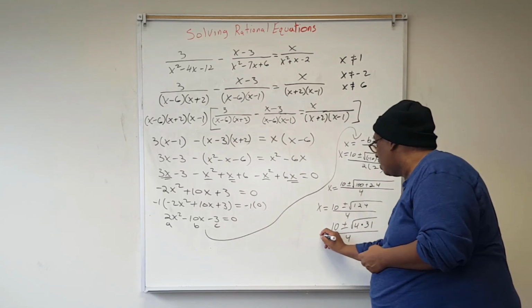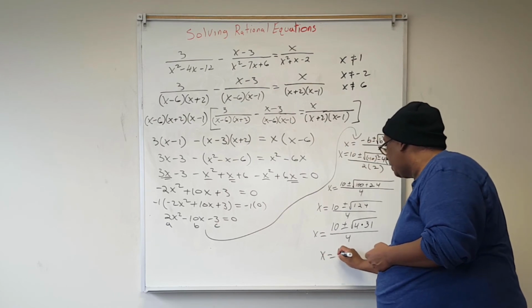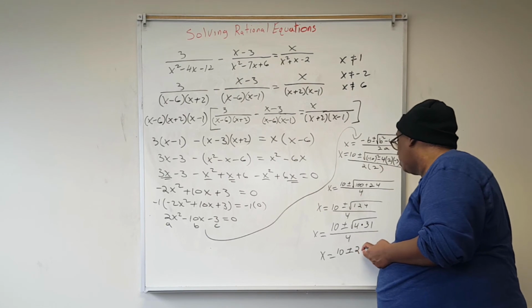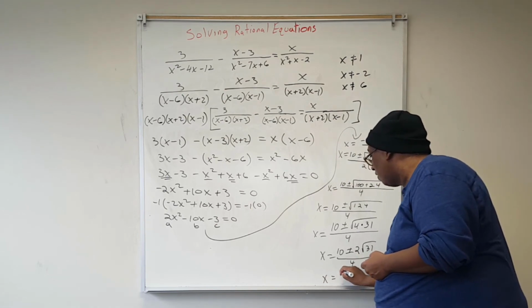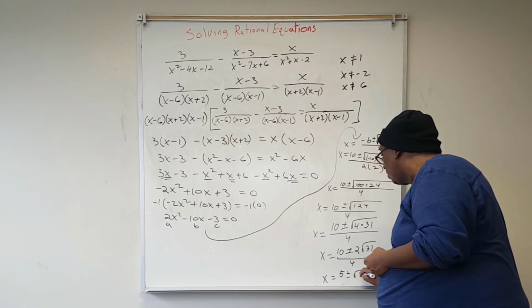Now that gives us 10 plus minus 2 square root 31 all over 4, which gives us 5 plus minus square root 31.